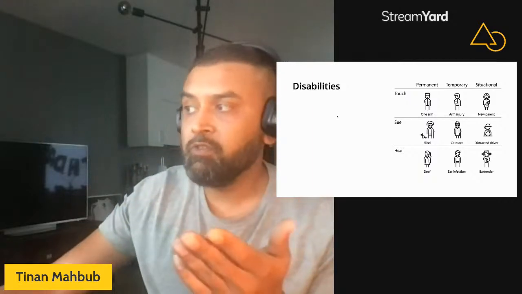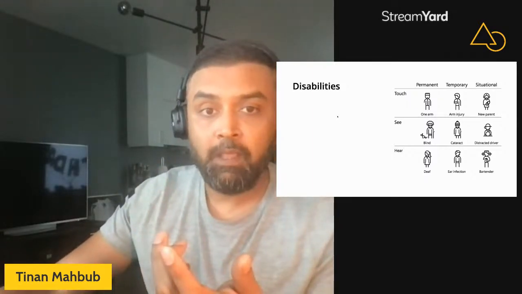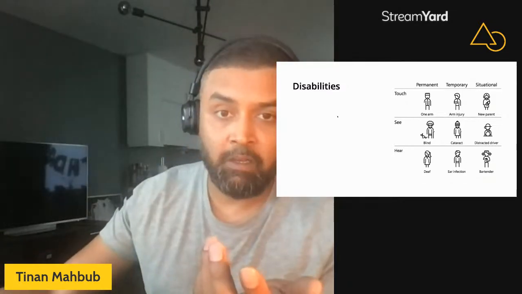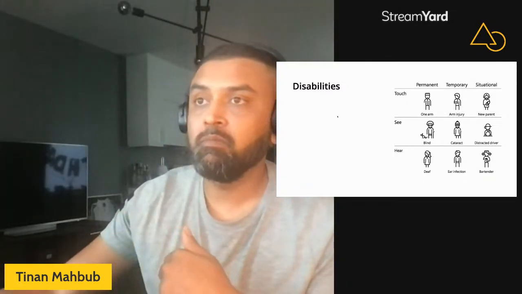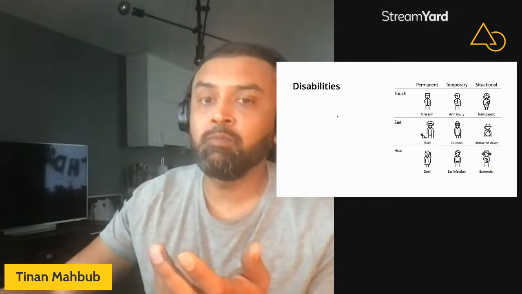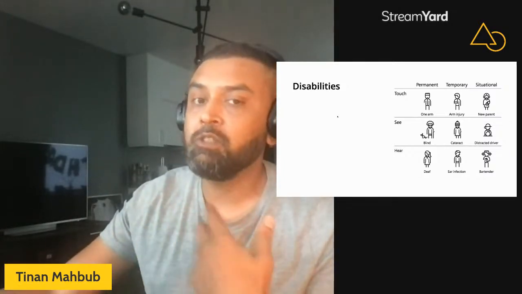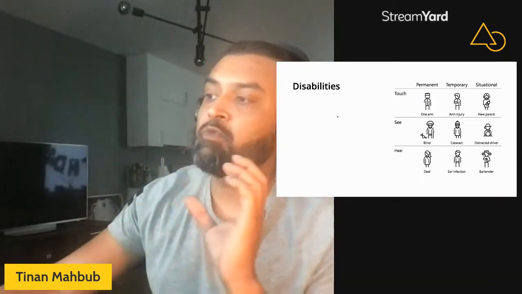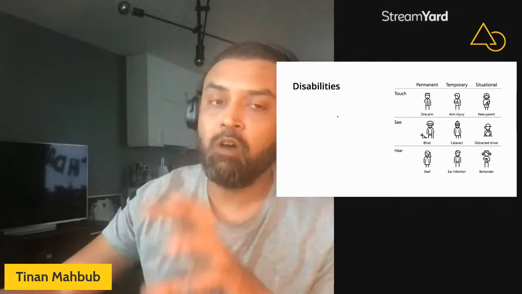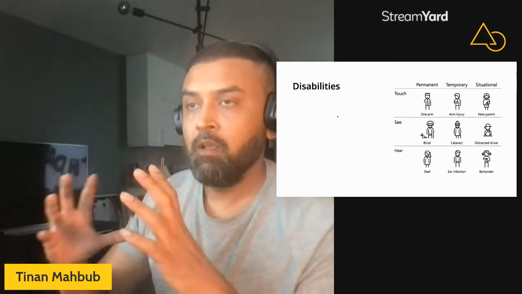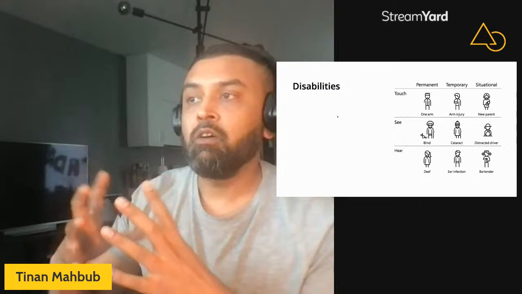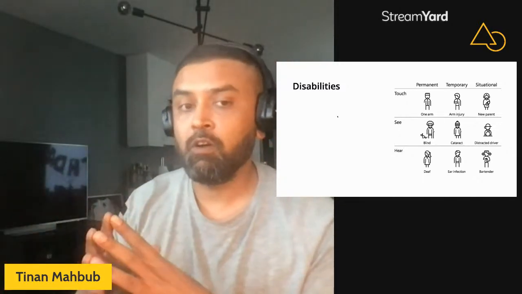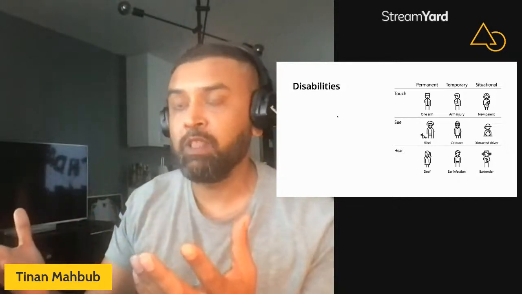So there is a user who's missing one arm, and then there is a user who has both arms, but he broke one. And then we have a fully healthy user, she has both arms, but she's holding a baby, so she cannot use one of her arms. So when we talk about disabilities, when we try to solve problems and design our products oriented on disabilities, it's not that we are just solving problems for the blind person or the deaf person or the person with no arms.